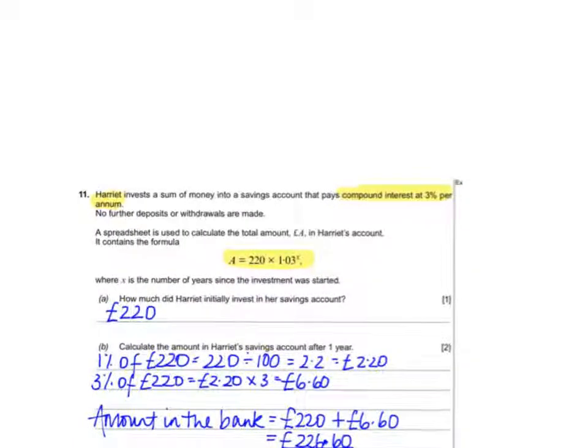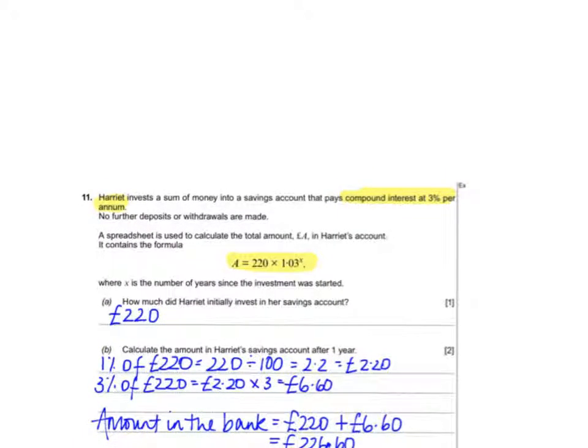For the next bit here, this 1.03 is telling you that it's 3%. In terms of what 1% is as a decimal, we know that's 0.01. So 3% would be 0.03.